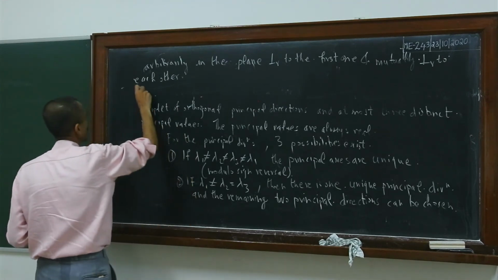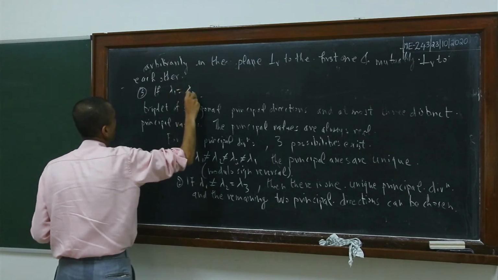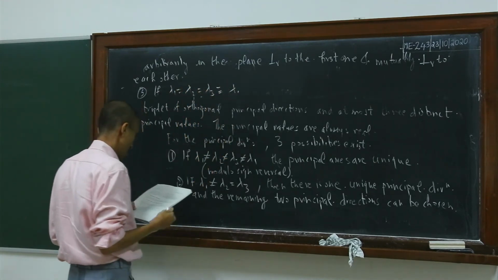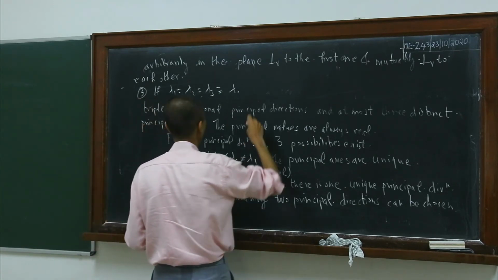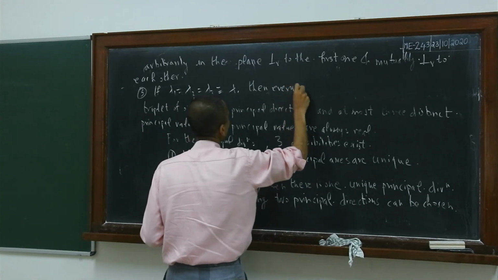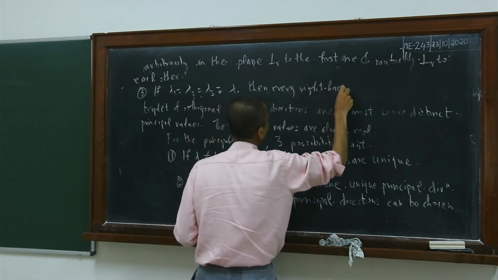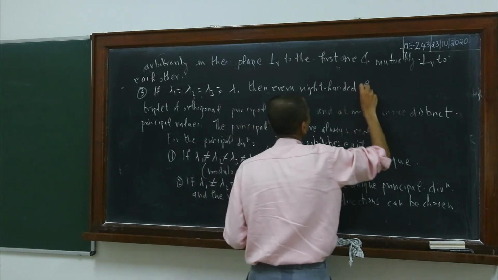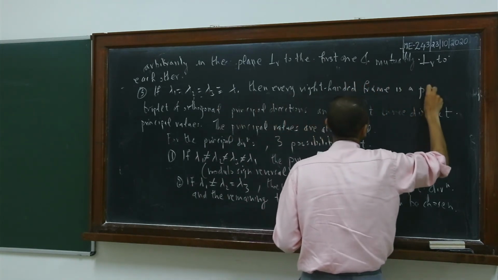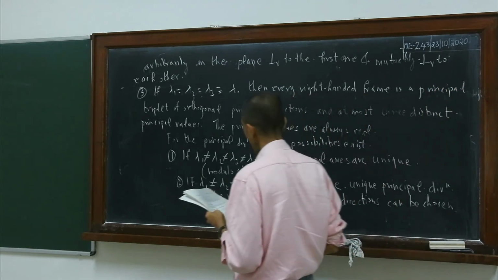And the third possibility is if lambda 1 is equal to lambda 2 is equal to lambda 3, then every right-handed frame is a principal frame.